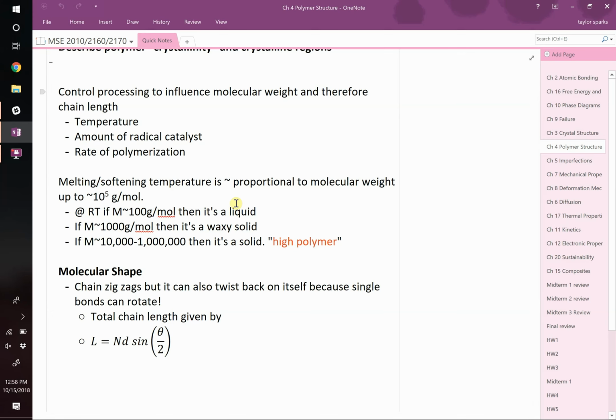And remember, catalyst is the thing that kickstarts this polymerization chain reaction. So maybe turn to a neighbor and just spitball with just those two things, temperature and amount of catalyst, how you might use those two factors to control whether you want a high molecular weight polymer or a low molecular weight polymer, and what might be the rationale for that.